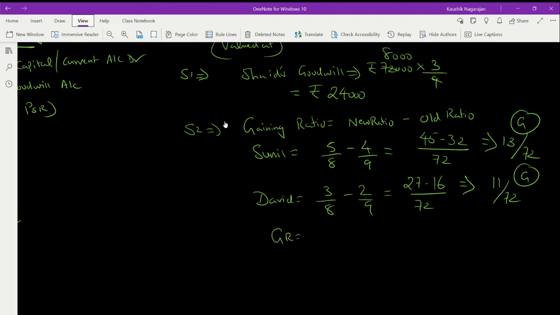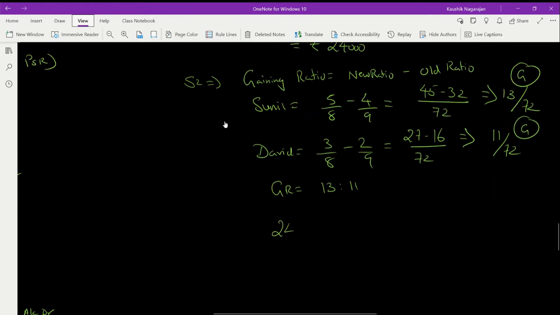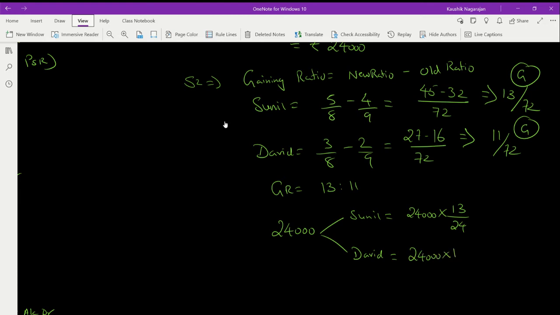So the gaining ratio is 13 is to 11, and now we need to divide this 24,000 in the proportion of 13 is to 11. That means how much Sunil should pay and how much David should bear. For Sunil, it's 24,000 into 13 by 24, and here it is 24,000 into 11 by 24.